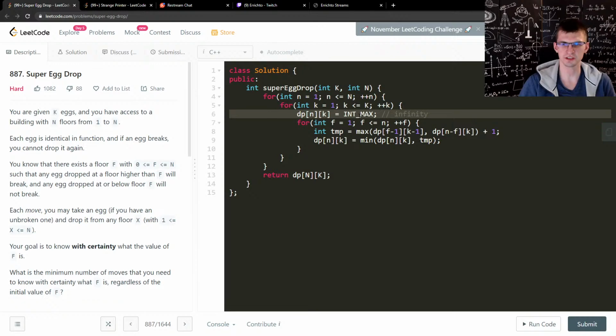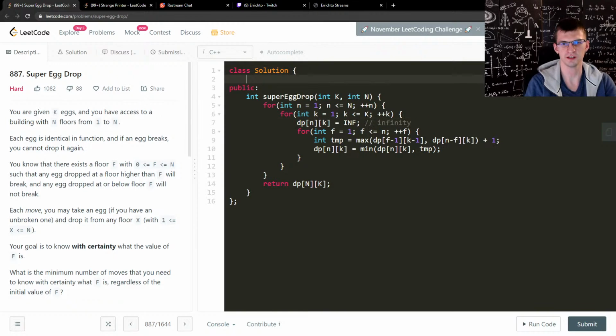Int max is actually dangerous because you cannot add 1 to it, so I prefer to create my own infinity. Infinity is, for example, 1 billion plus 5. Int max, as I said, often leads to overflows. If this dp value is int max, then plus 1 you have an overflow. That's very ugly. You don't want that.